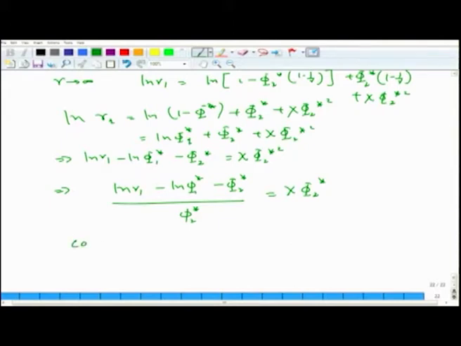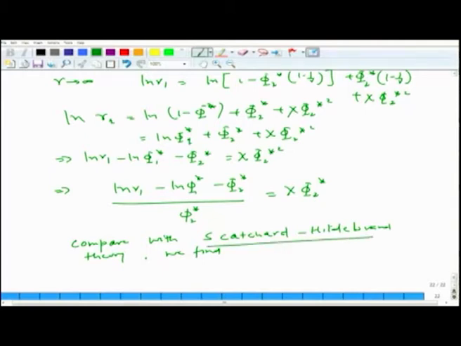So, if you compare with the Scatchard-Hildebrand theory, then you can find that chi is nothing but V1 by RT times the difference in solubility parameters squared, where we know this V1 is nothing but the molar volume of the solvent, and delta 1 and delta 2 are the solubility parameters of solvent and polymer respectively.